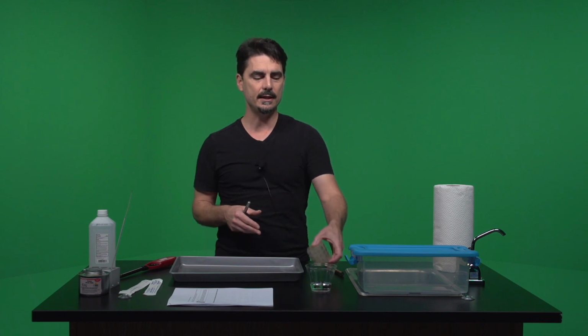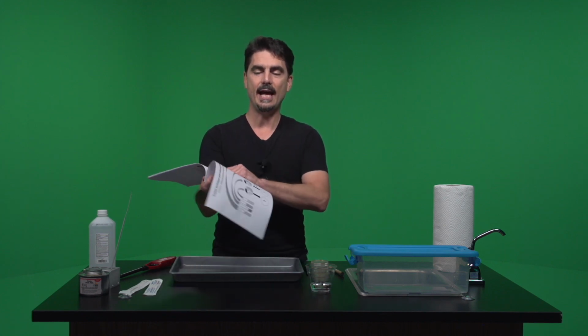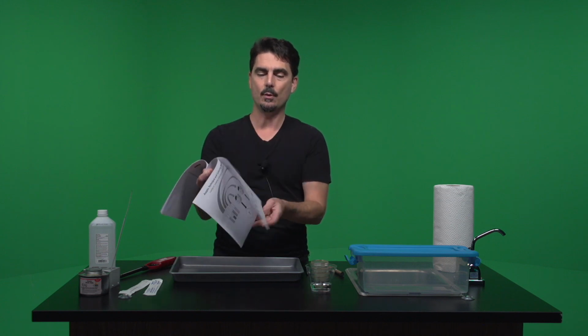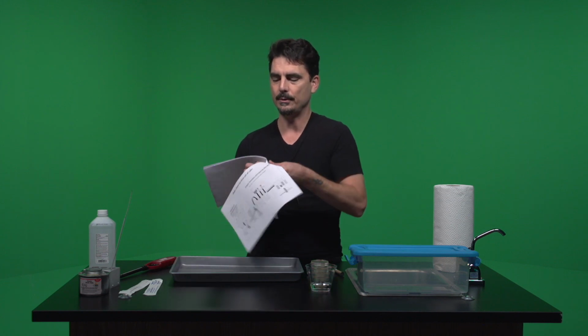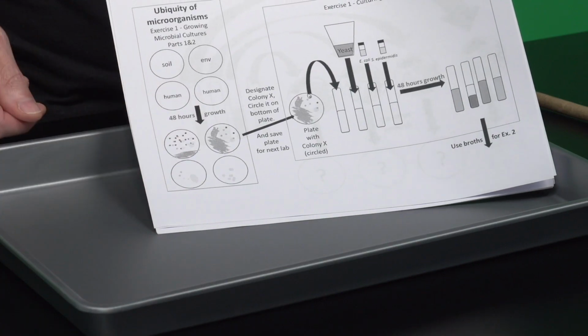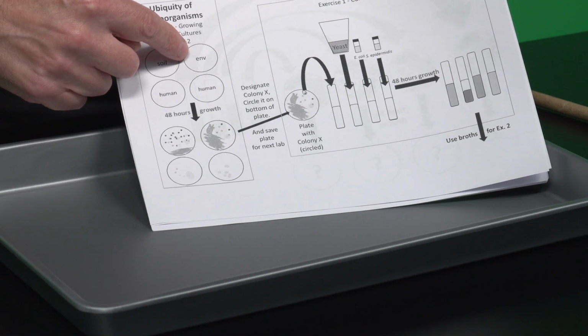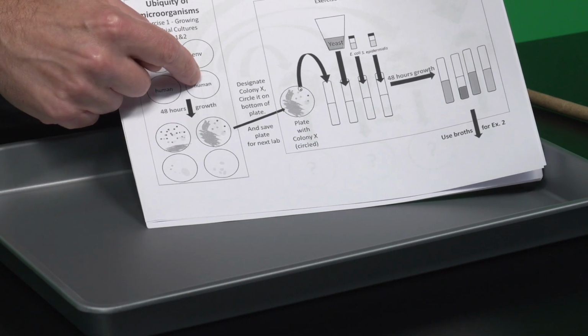What you'll see in the Willette additions as well as the flow chart, which is also in PDF, at the end of this lab, shows you, for example, down here, one thing that I've changed: 1 plate will be soil, 1 plate will be some other environment that you choose, and then 2 that are human.